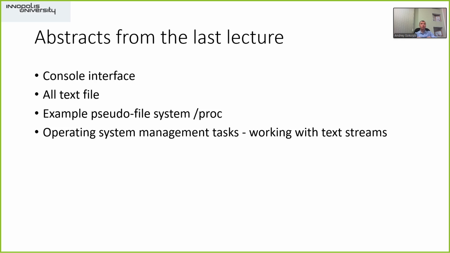Information about events in the system is stored in text log files, and settings for individual packages are stored in text configuration files. This makes it necessary to master the tools for working with text streams in order to solve further operating system management tasks.